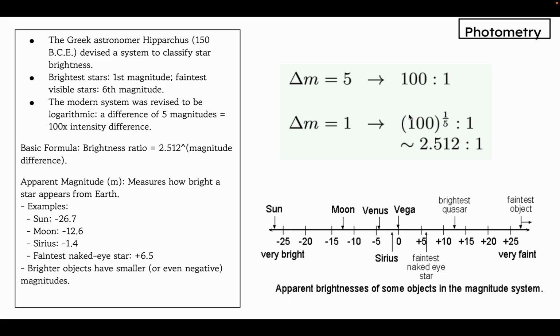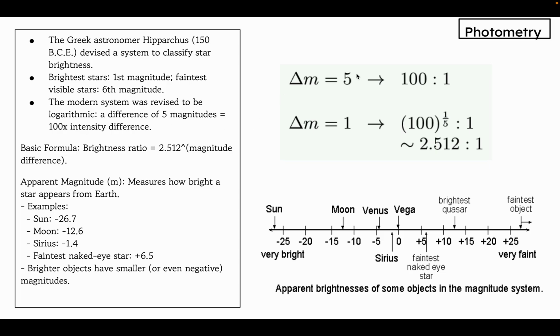In the modern system, his scale is revised to a logarithmic scale, where a difference of 5 magnitudes is equal to a 100 times intensity difference. So the basic formula we write is, the brightness ratio is equal to 2.5 to the power of the magnitude difference. We will get back to this formula again and again.